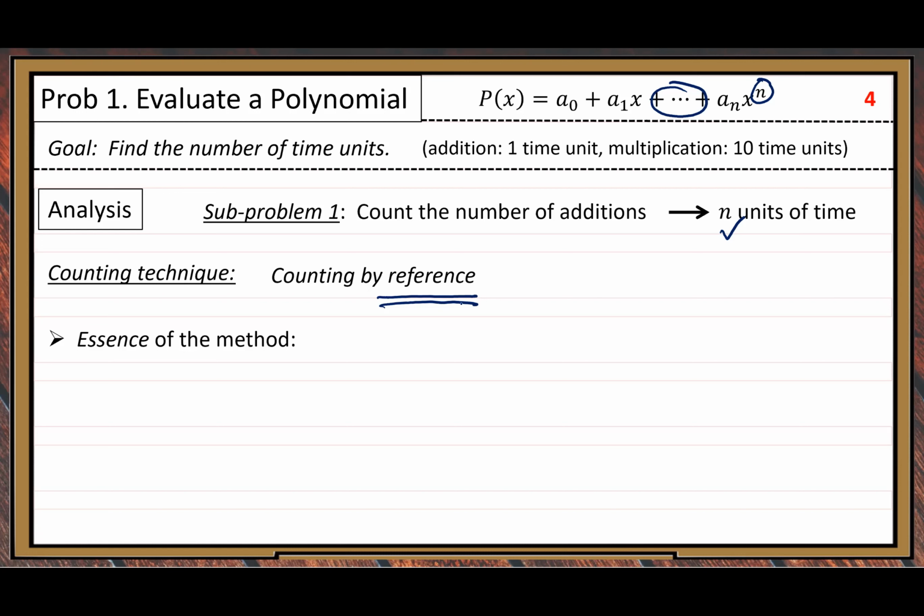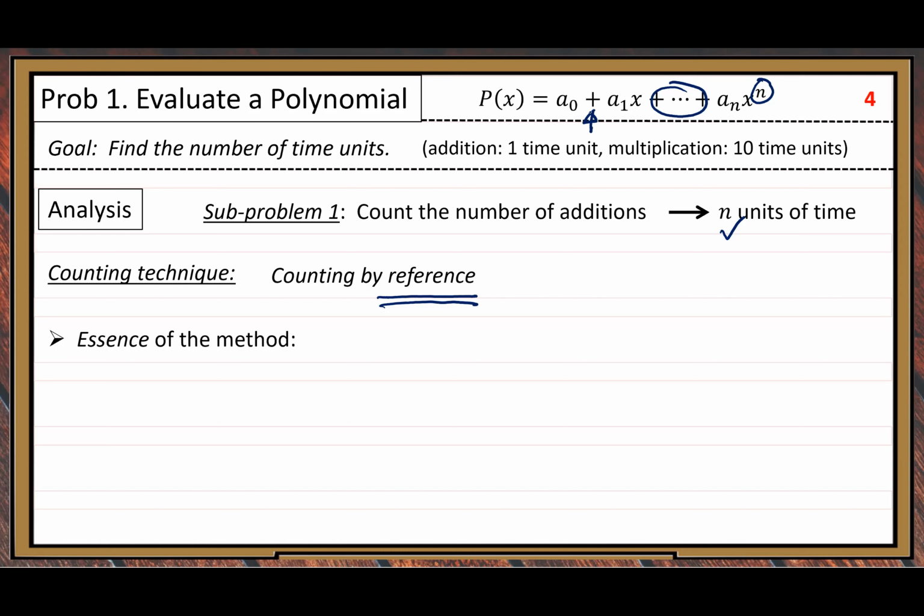Let me show you this method, counting by reference. Each addition corresponds to a plus sign. One plus sign corresponds to one addition. So if you need to count the number of additions, you just count the number of plus signs, right?